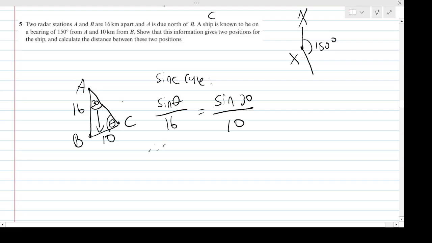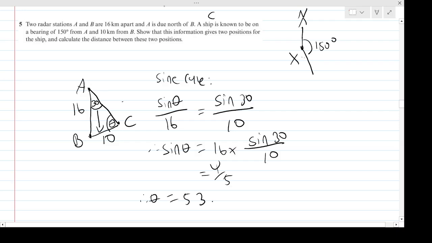So therefore sine theta is going to be 16 times that. And if I work that out on a calculator, I get 4 over 5. So therefore theta, if I do inverse sine, I get 53.13 degrees.